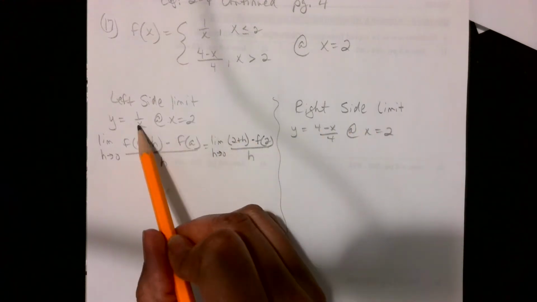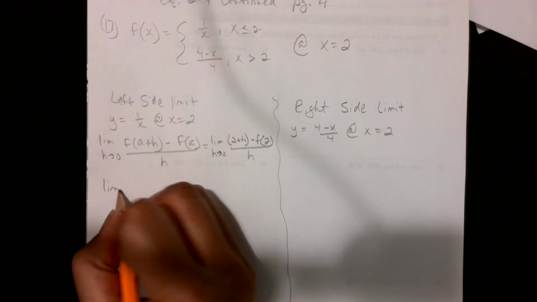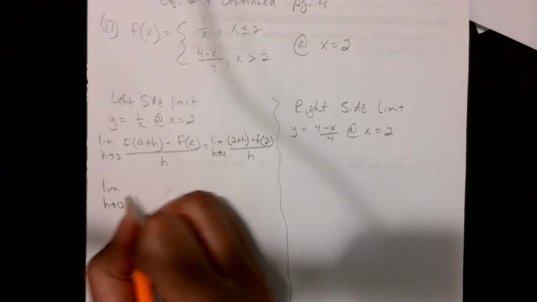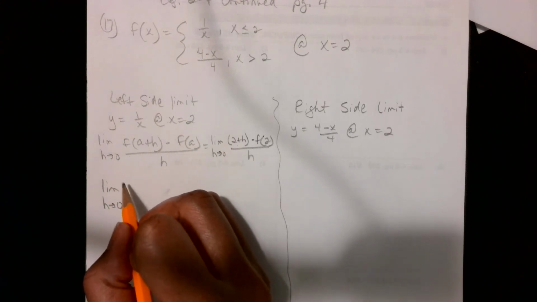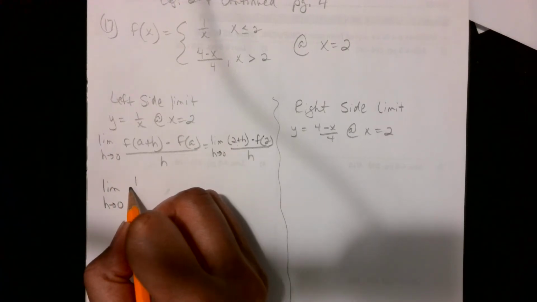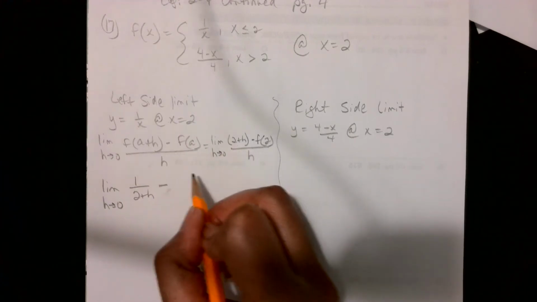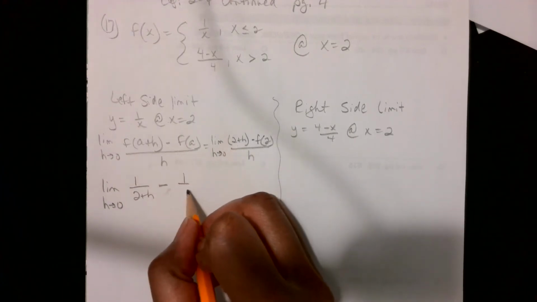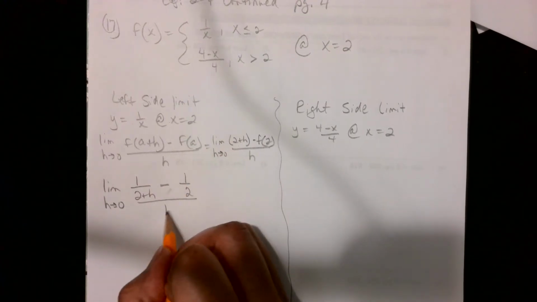So plug this into the function, plug this into the function, and all of that would be over h. So this would be 1 over 2 plus h minus 1 over 2 all over h.